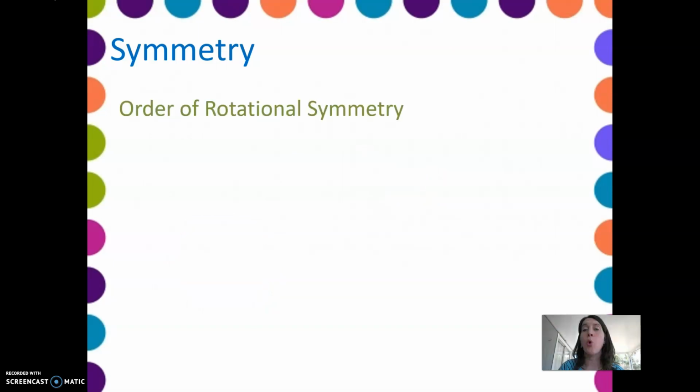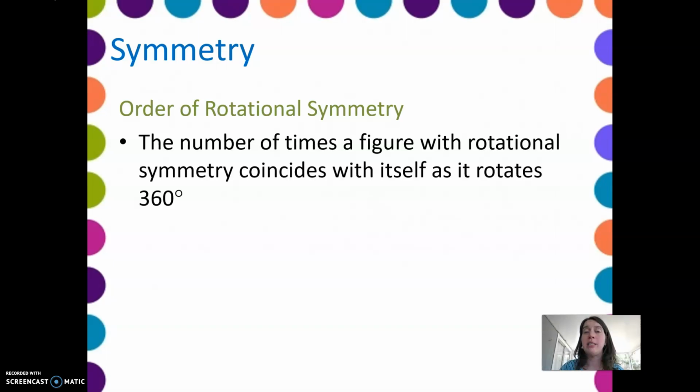Okay, one other thing that a question is going to ask us when it comes to this idea of rotational symmetry is the order. Simply what it means when it's asking you for the order is how many times did I see the exact same picture. If I look back at that regular hexagon, how many times did we see the exact same hexagon? We saw it 6 different times. So that would be the order.